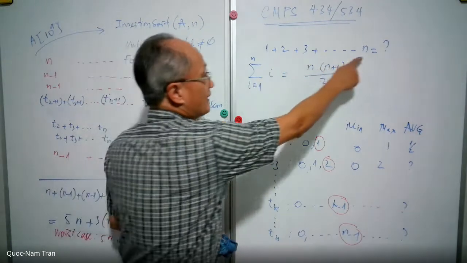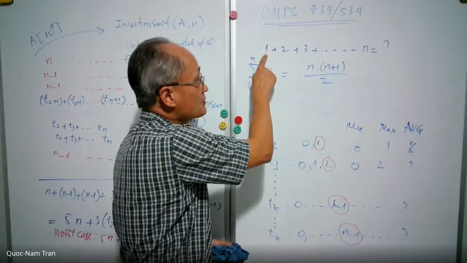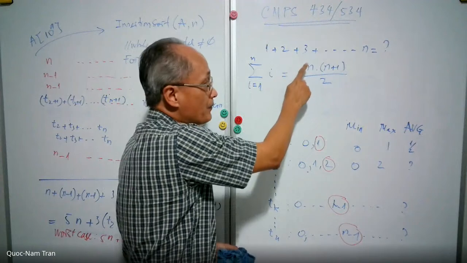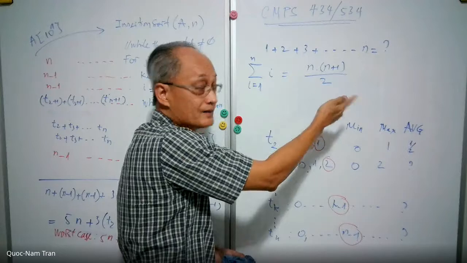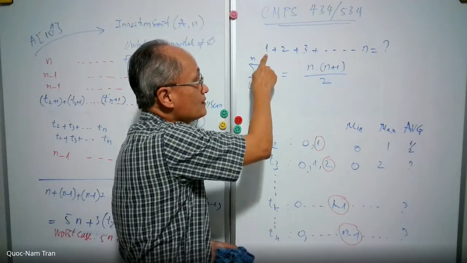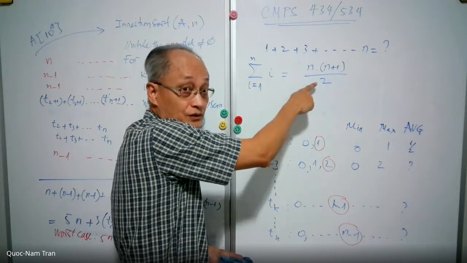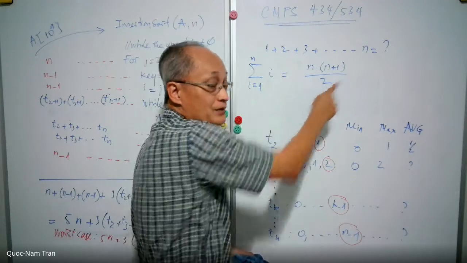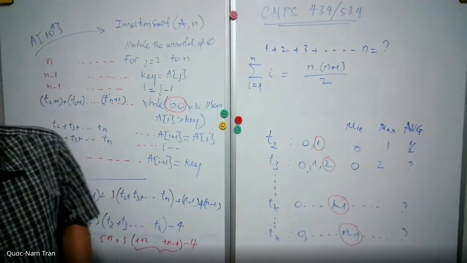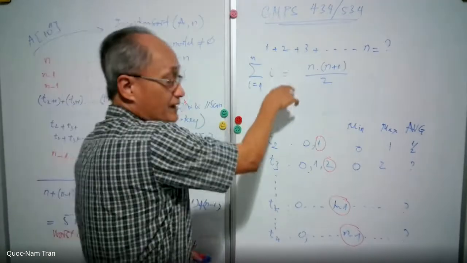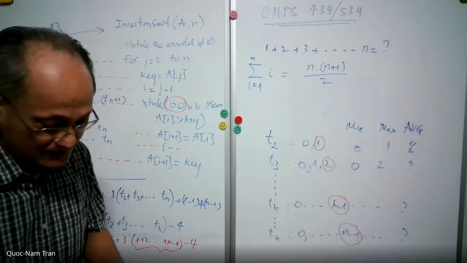If n is 1, it's true, because you plug it in and have 1 times 2 divided by 2, which is 1. So the sum from 1 to 1 is 1, and the formula gives you 1 as well. Do the induction by yourself as an exercise at home after class today.